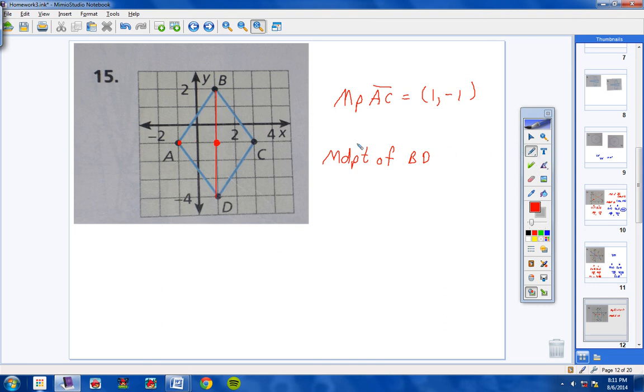And so we can easily see this point right here is in the middle. Start here and count down 1, 2, 3 spaces, then count here and count up 3. This point's right in the middle. So the midpoint of BD would also be 1, comma, -1. So did they have the same midpoint? Yes, they did. Definitely.